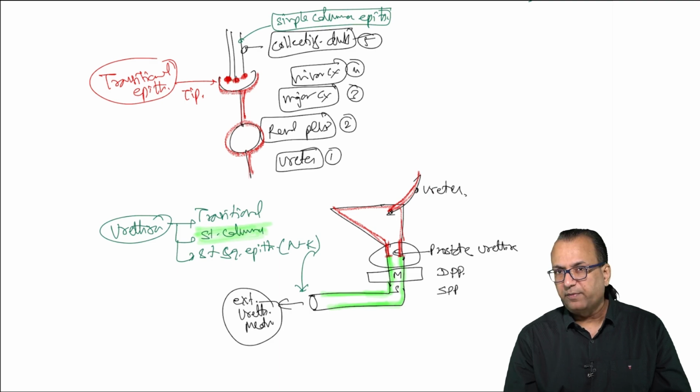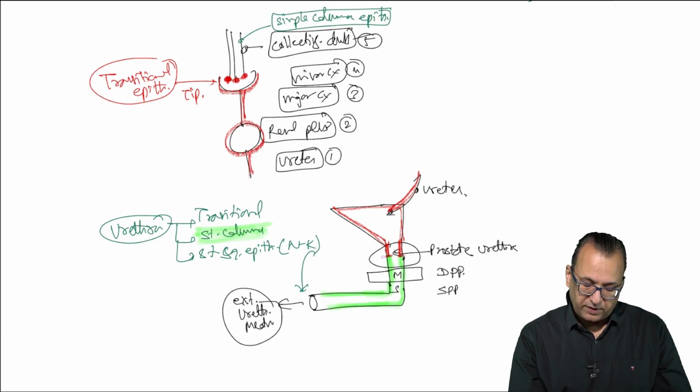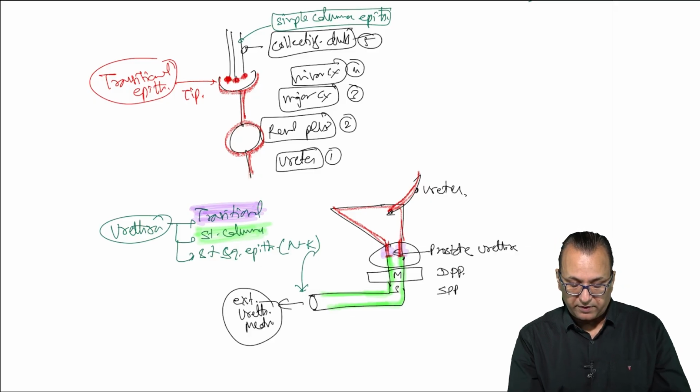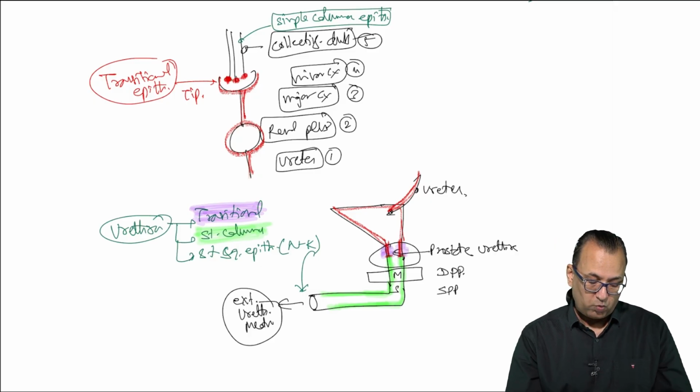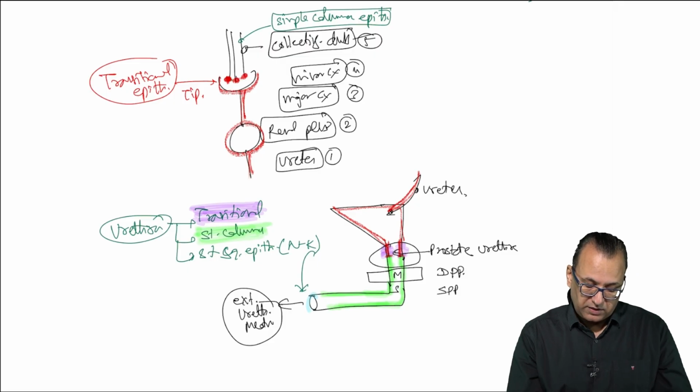Now, if that is stratified columnar epithelium, then where is the transitional epithelium? Transitional epithelium was up here, the proximal half of the prostatic urethra. And what is lining the distal external urethral meatus? That is stratified squamous non-keratinized epithelium.